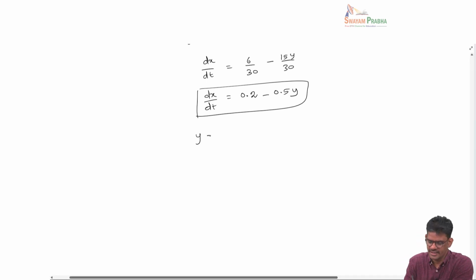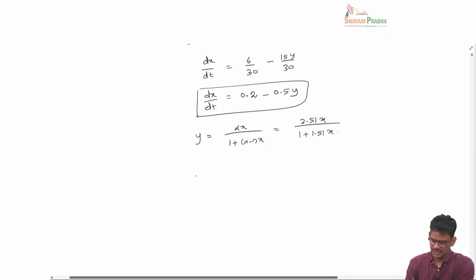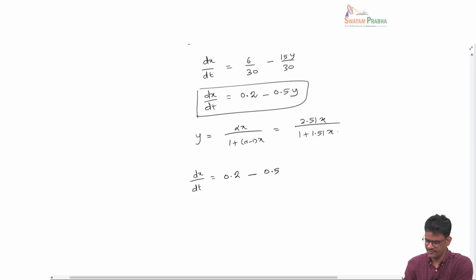So we know that y can be written simply as alpha x by 1 plus (alpha minus 1)x, and alpha can be substituted here: 2.51x by 1 plus 1.51x. So I can substitute: dx by dt is equal to 0.2 minus 0.5 times 2.51x by 1 plus 1.51x.